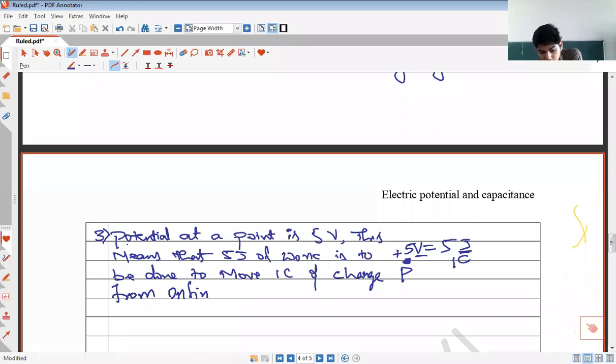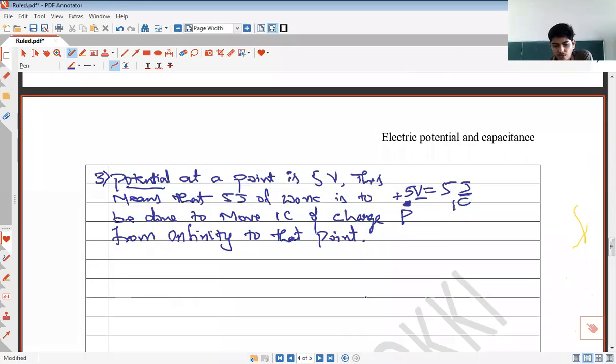See, I am stressing upon potential, not potential difference. From infinity to that point, to bring 1 coulomb charge to that point you will have to do 5 joules of work. So, can you define what is 1 volt?